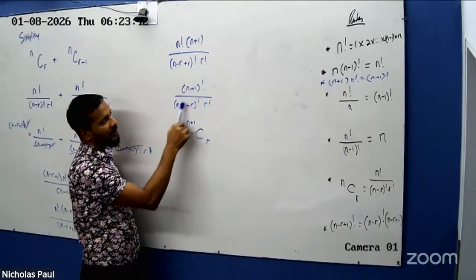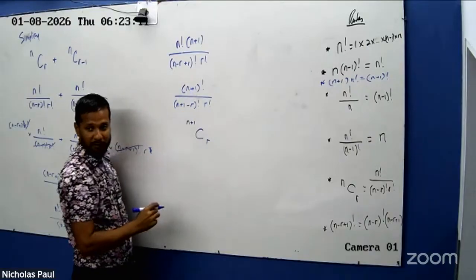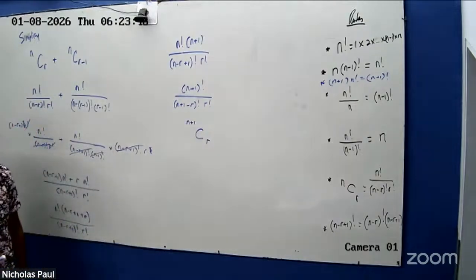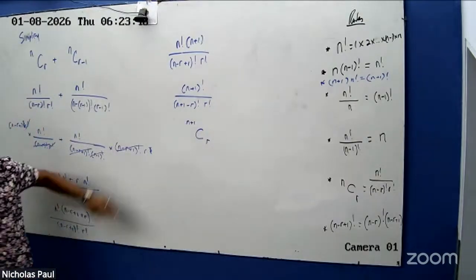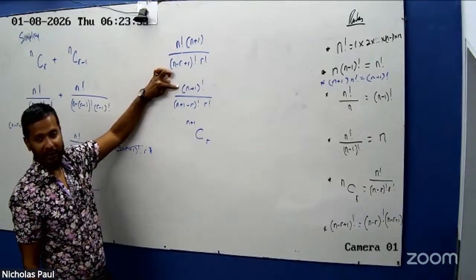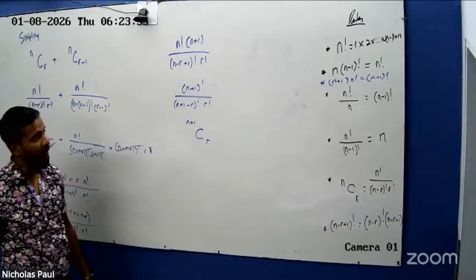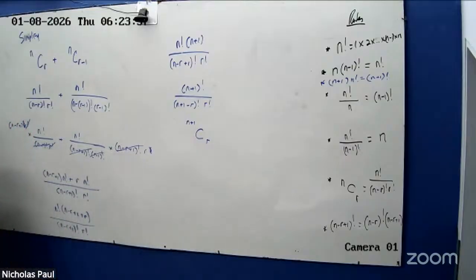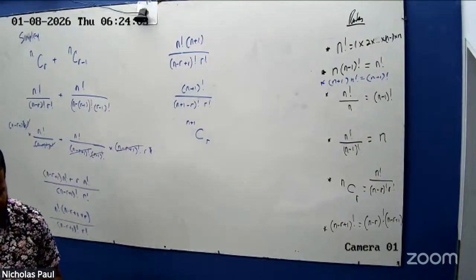How do you know that? It's because the numerator is n plus 1. Everybody okay with that? In case you all got lost here, write this rule down. This equals this. That's it.